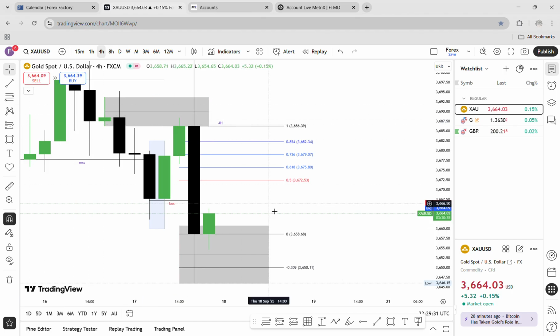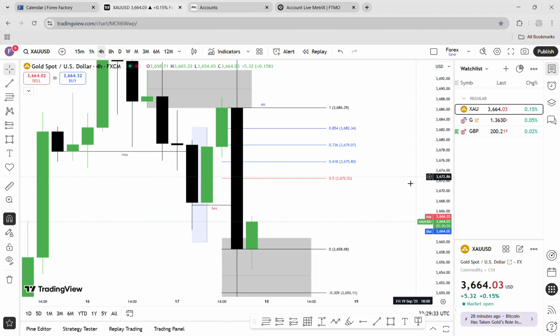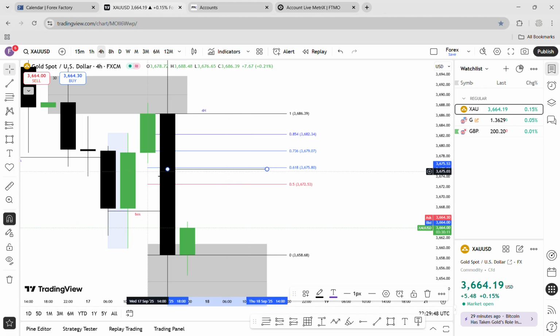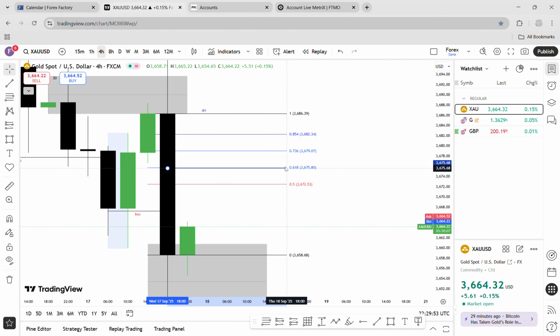Now, look at the other one we also fib right now. Where is the 618? The 618 is right here, right? So I'm going to show you something that you will also look at. So now this is the 618 of this level.